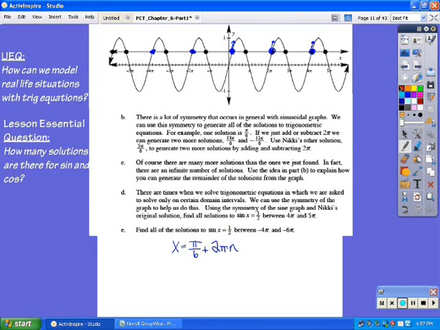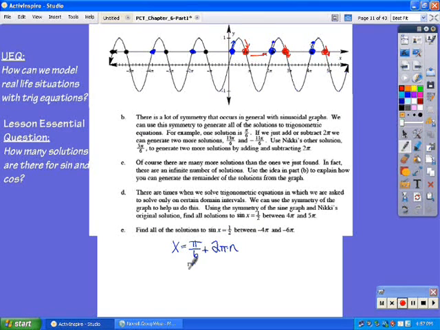However, we're only talking about half of our solutions. The other half happen here on the descending part of the curve. Again, this is not an equal interval from here to here, so those two are not related. We have to go all the way to this next answer and then this next answer. Again, we're looking for where we have a solution and the graph is decreasing.